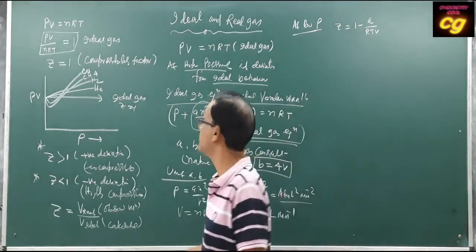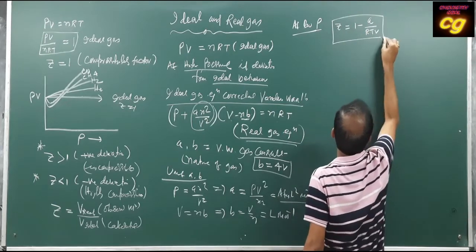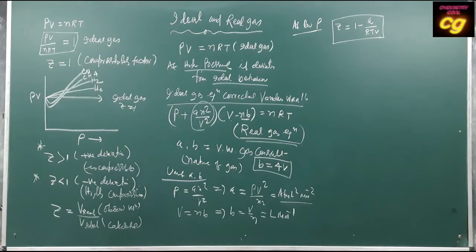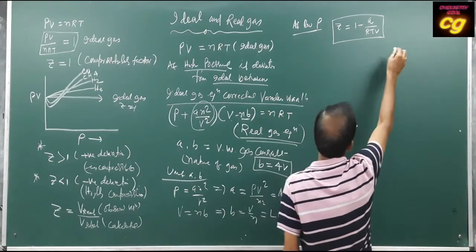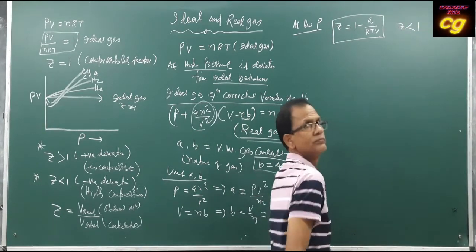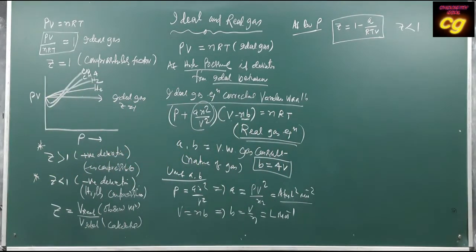You can derive this from the Van der Waals equation, taking the low pressure. At low pressure, Z is equal to 1 minus a by RTV. That indicates Z is less than 1. That means at low pressure, Z is less than 1.